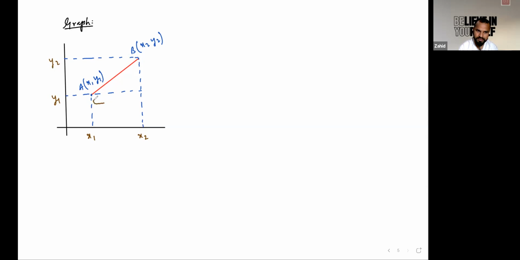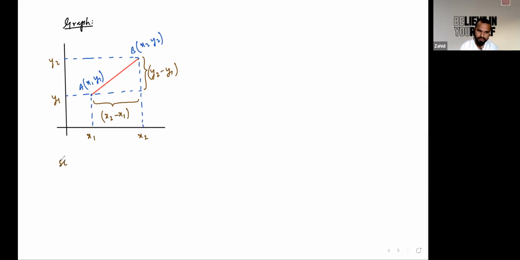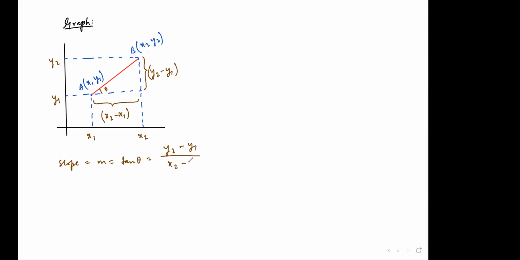So the difference of these two coordinates from this point to this point will be termed as x2 minus x1. Similarly, this particular length will be termed as y2 minus y1. Now, if you want to calculate the slope of this line, which is also called m, or tan theta, it will be equal to perpendicular by base, y2 minus y1 over x2 minus x1.